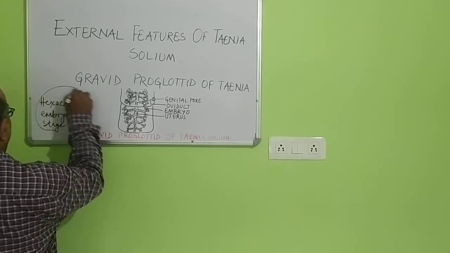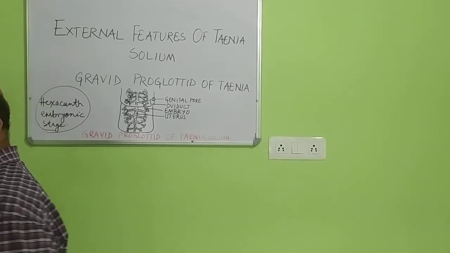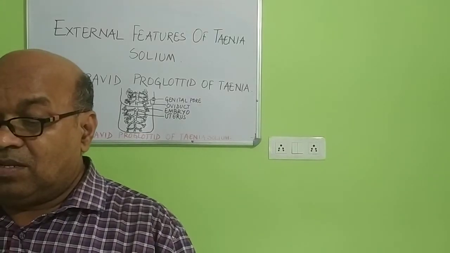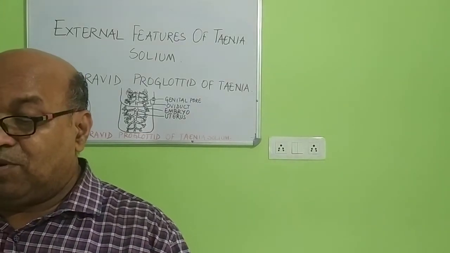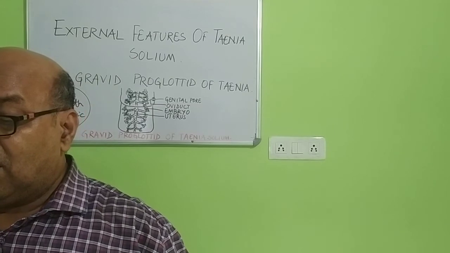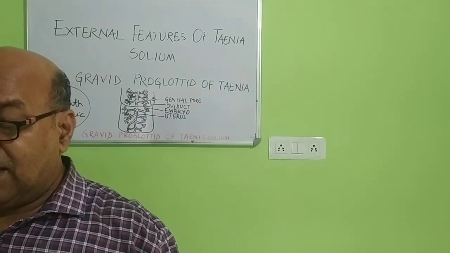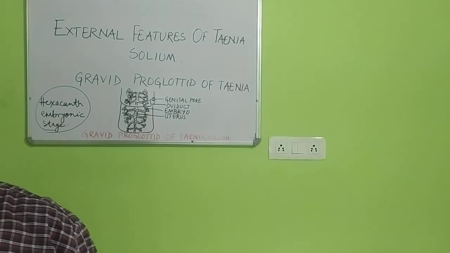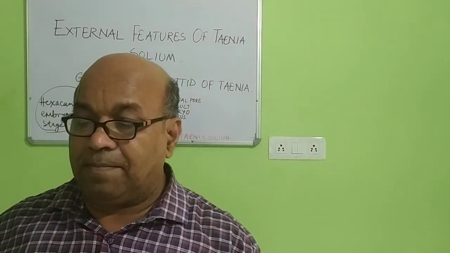This embryo stage you find there, called hexacanth, and it is a very remarkable feature in the body of the Taenia solium.